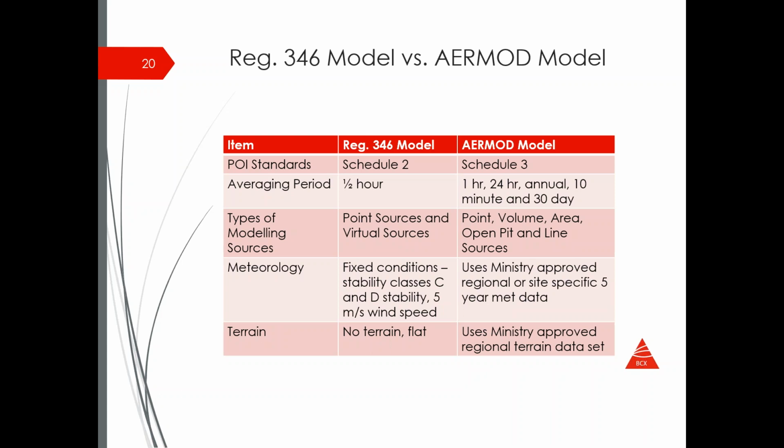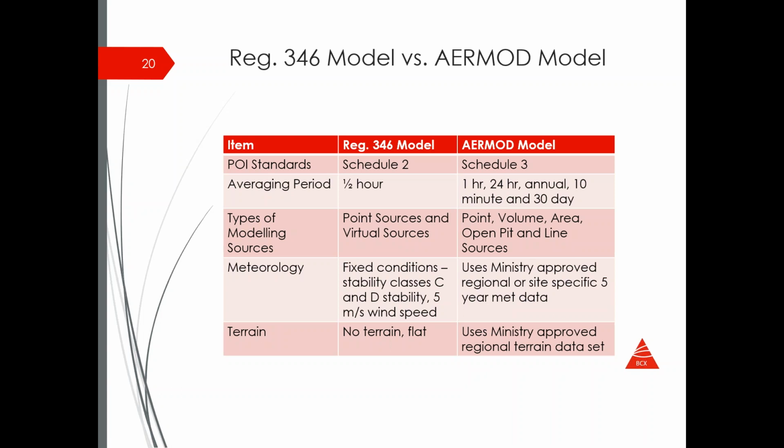They look like rectangular boxes. But AERMOD, not to get into the details, definitely gives you more options. And currently, it provides 5 options for sources. In terms of meteorology or weather data, 346 only allows you to model very fixed conditions.